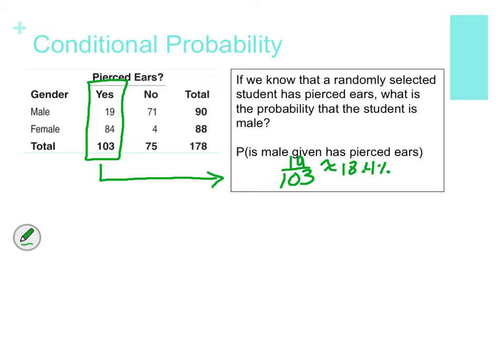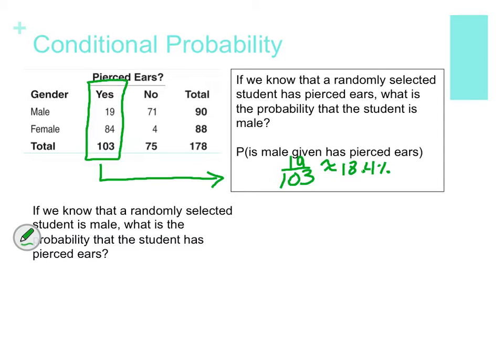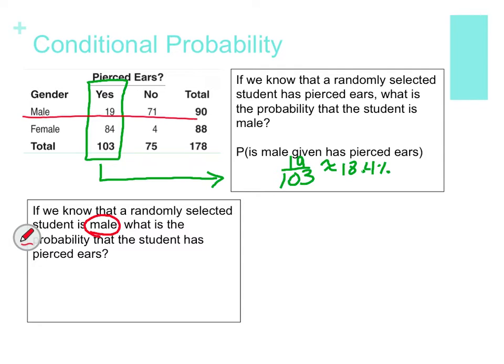What if I switch the question slightly, right? Now I say, if we know that a randomly selected student is male, what is the probability that the student has pierced ears? So now we're saying, what if we know they are males? That means we're looking at just the male row here, okay?